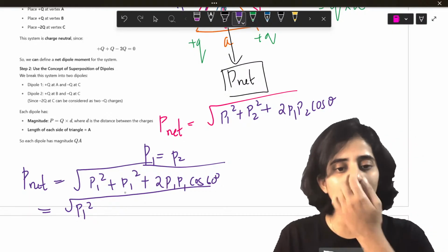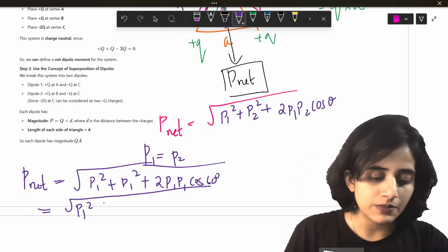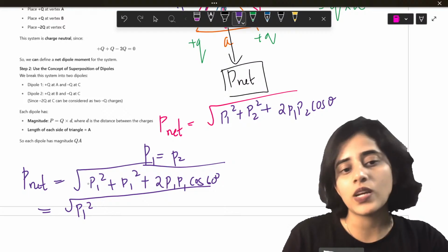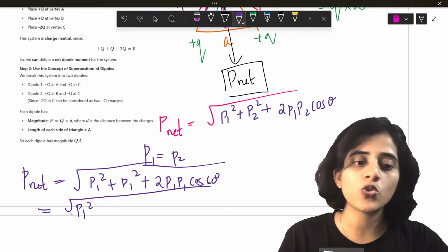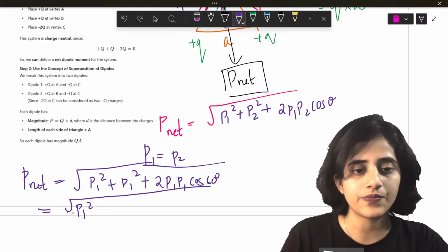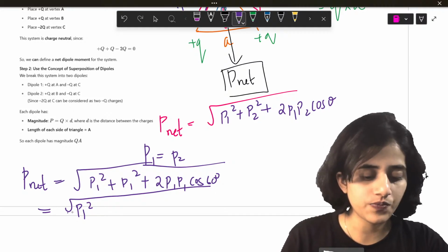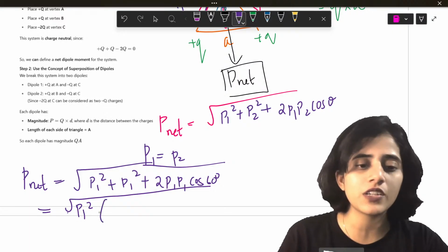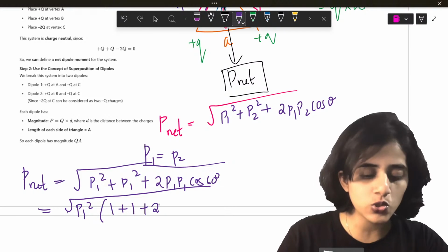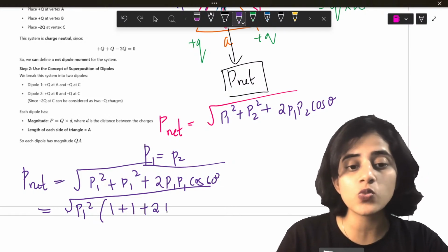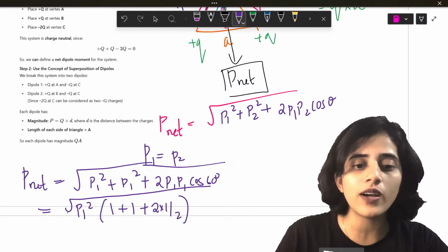P1 square plus P1 square is 2P1 square. What remains? 1 plus 1 plus 2, cos 60 is 1 by 2, 2 into 1 by 2.